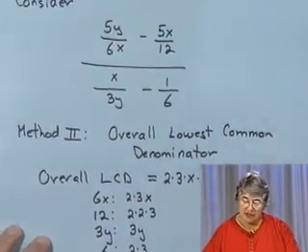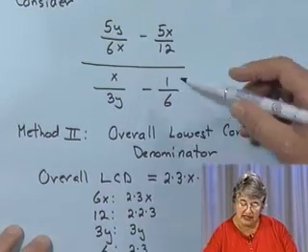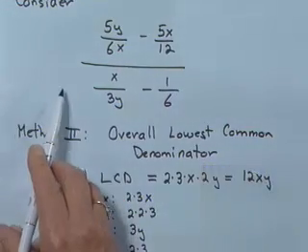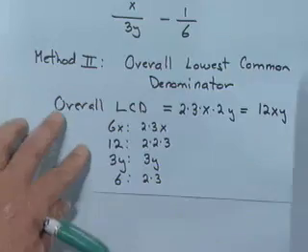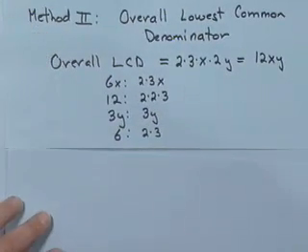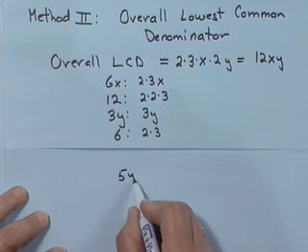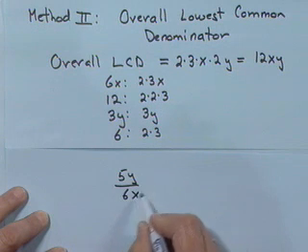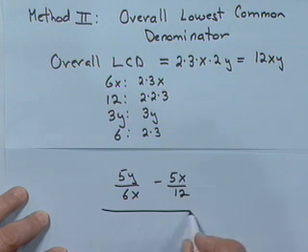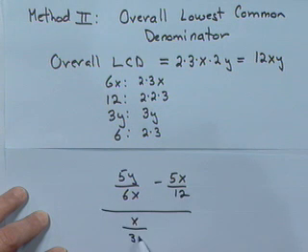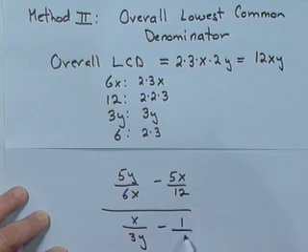So I will come back to the problem that I have right here, 5y over 6x minus 5x divided by 12 over x divided by 3y minus 1 over 6.